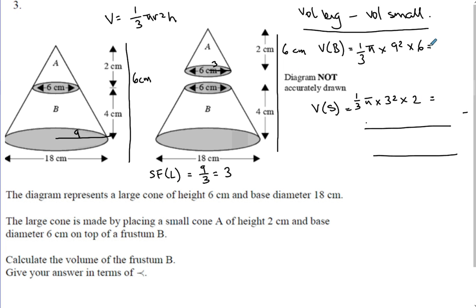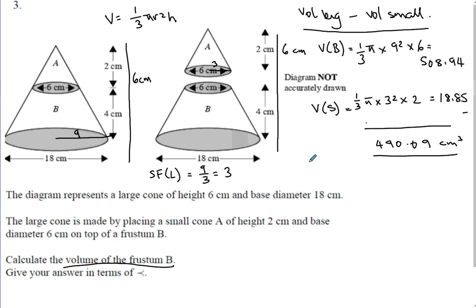That will give you 508.94, and that will give you 18.85. And when you take that away from that, you're left with 490.09 centimeters cubed, being the volume of the frustum.